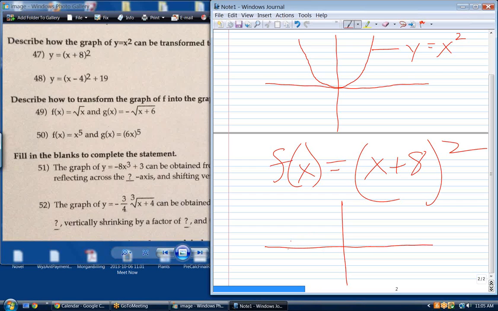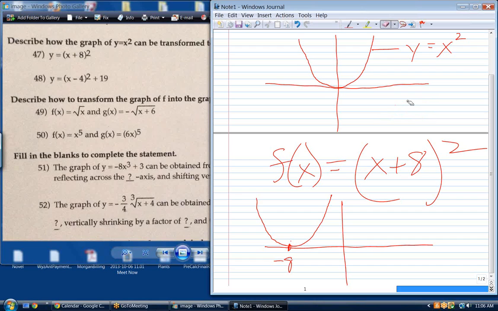So the vertex has to be over here at minus 8. In other words, that's the place it's going to be 0. So by looking at the problem that way, you can figure out that this is a horizontal move to the left of 8 units, even though it says plus 8, because we're looking for x minus h. So it's like the opposite.